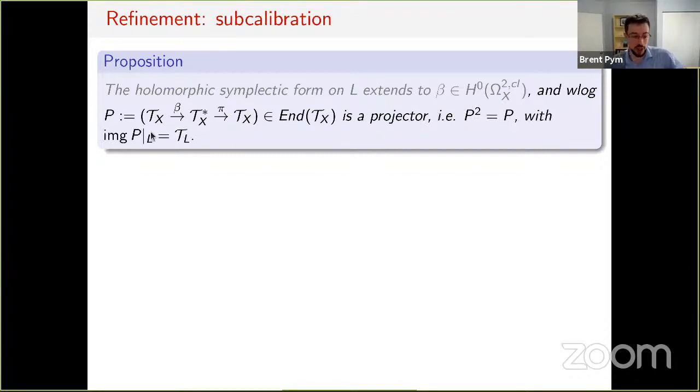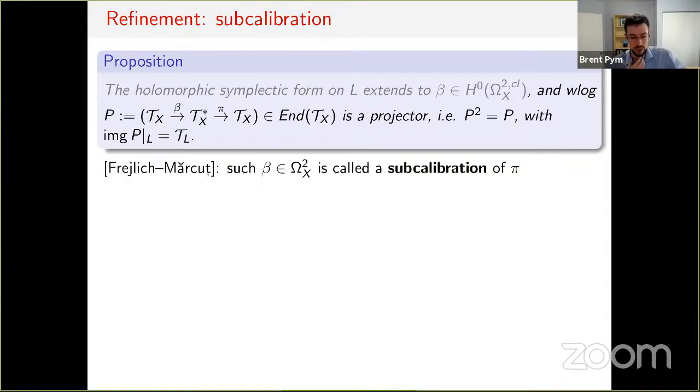And moreover, along the symplectic leaf, the image of this projector is the tangent bundle of L. So recently, Freilich and Marcoux gave a name to such a two form on a Poisson manifold. They call it a subcalibration.